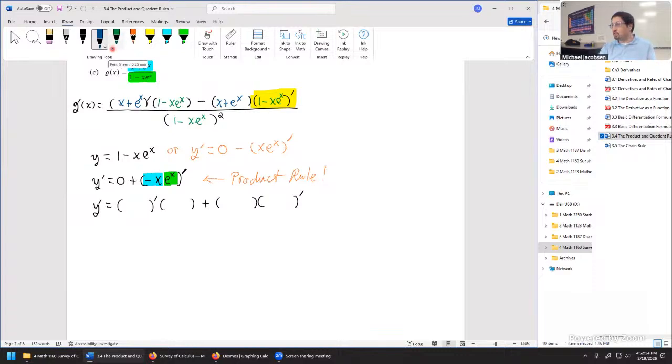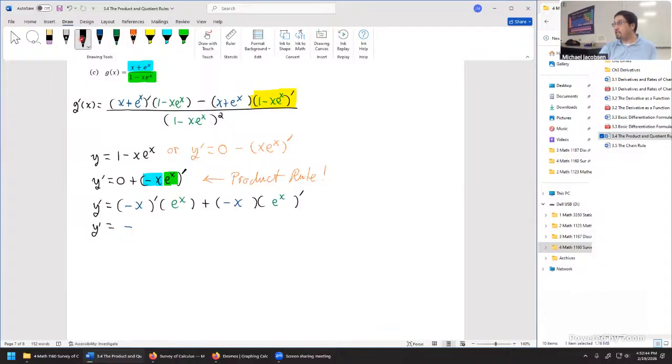Now slot in those functions. We'll have a negative x here, here, then an e to the x here, and here. So same kind of steps that we took up here in the quotient rule, but now it's no denominator and a plus in the middle. So now when we work through these steps, we take the derivative of a negative x, that comes out as a -1 altogether. I'll just write it as a negative sign.